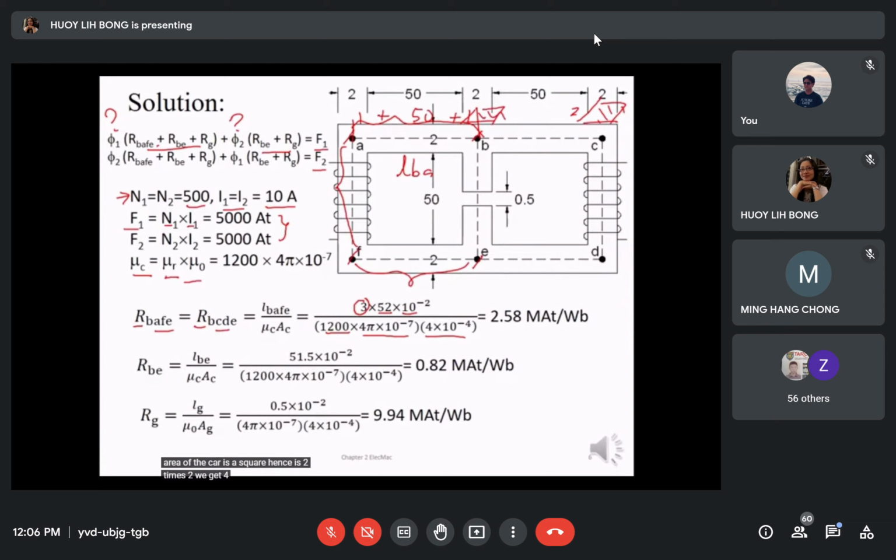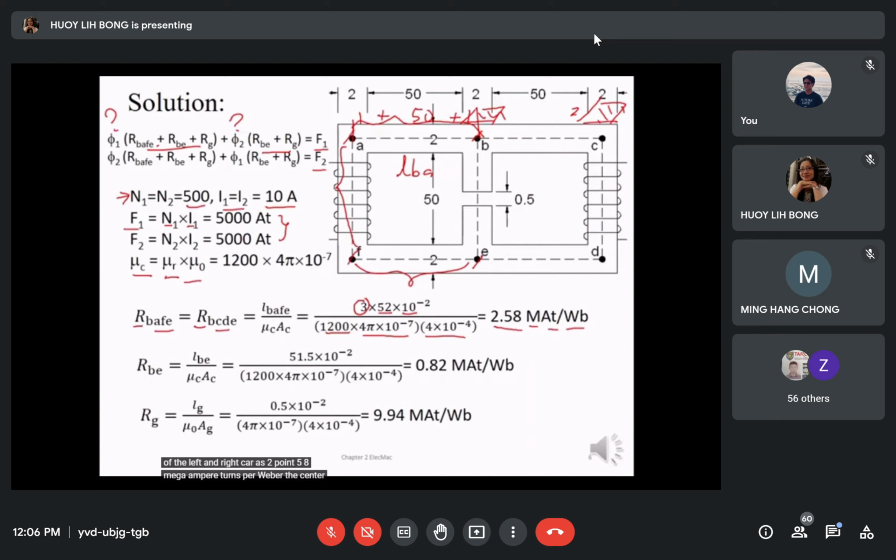We get 4 times 10 to the negative 4 meter square. Then we get the reluctance of the left and right core as 2.58 mega ampere turns per Weber.